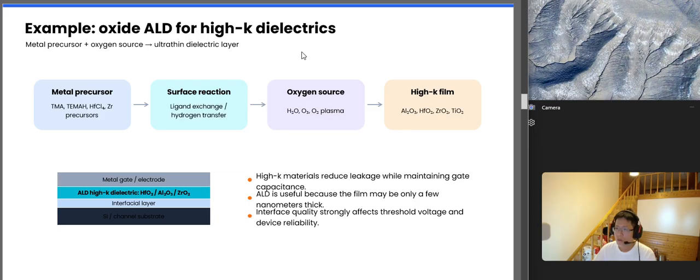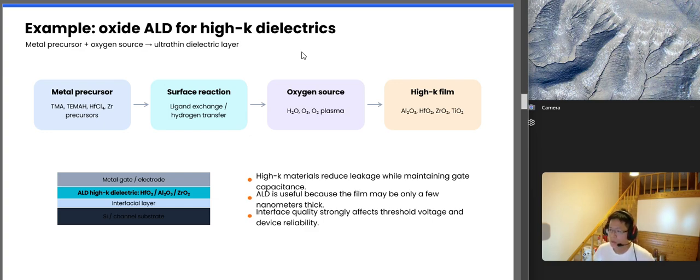And we are going to take an example, the ALD reaction for high-k dielectrics. The precursors can be chosen as TMA and HfCl4, and those are important in semiconductors, so you can achieve high-k dielectrics, for example Al2O3 and HfO2, which are very important in semiconductors.